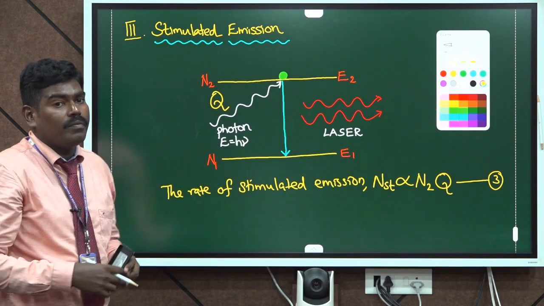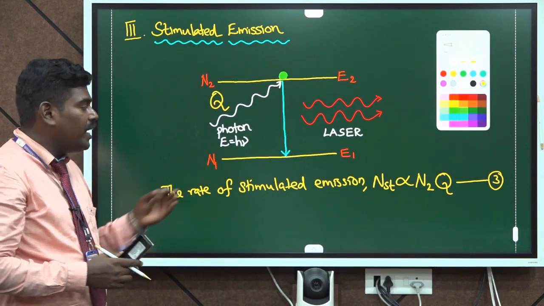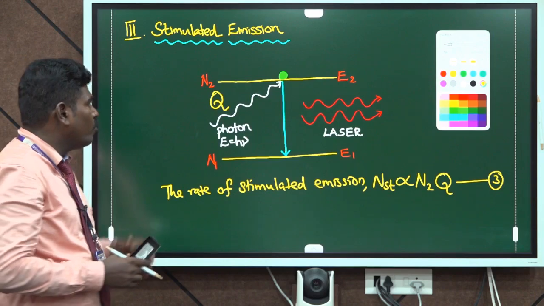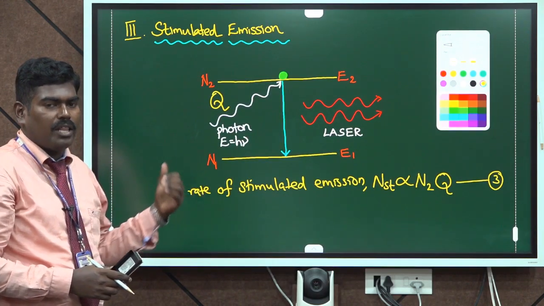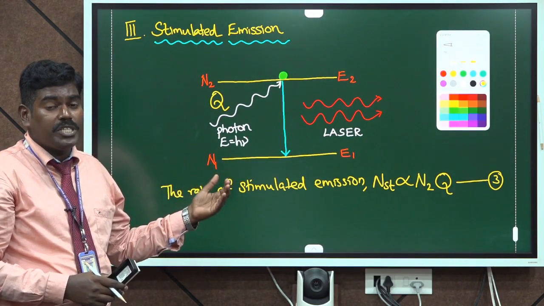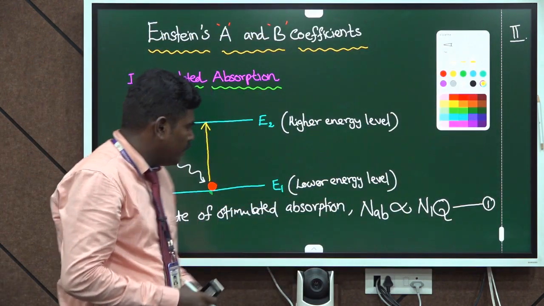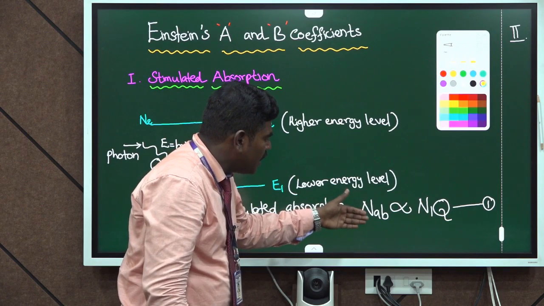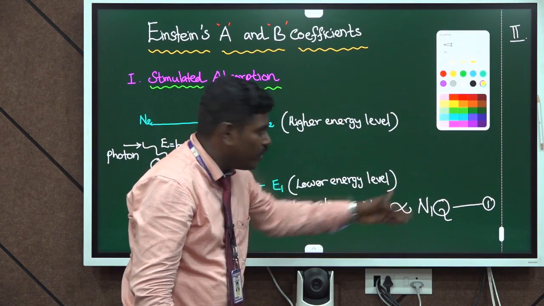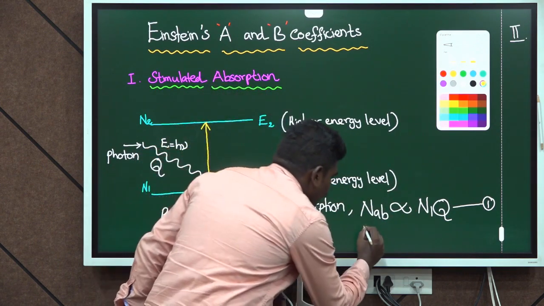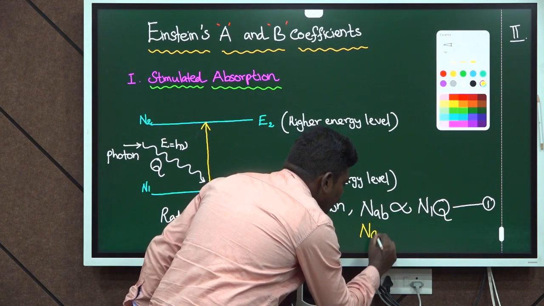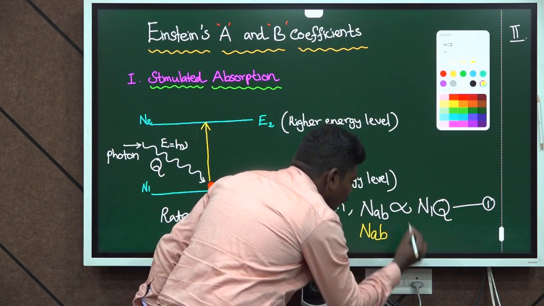Now we have derived three distinct equations: one for stimulated emission, and two for spontaneous emission and stimulated absorption. See the first equation: NAB is proportional to N1 Q. Next we remove the proportionality.